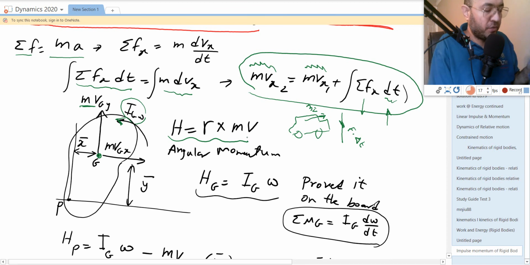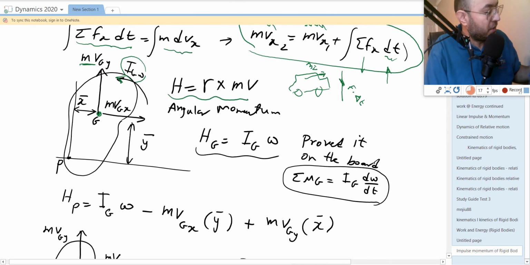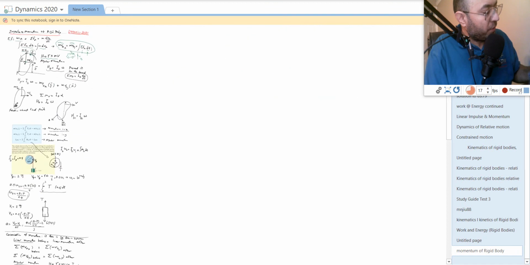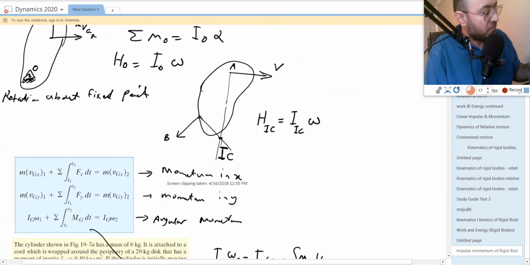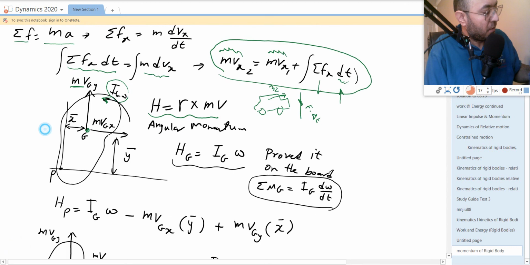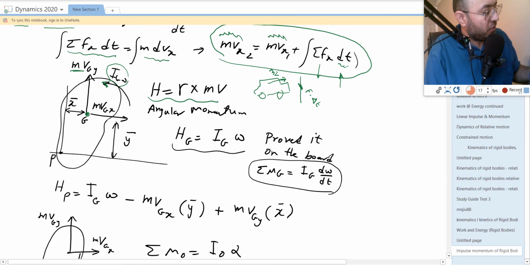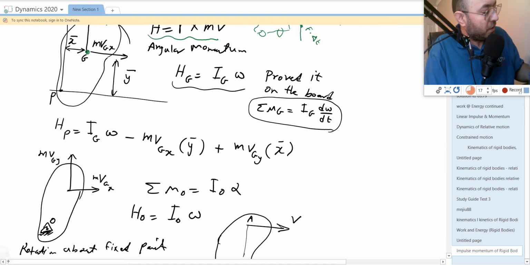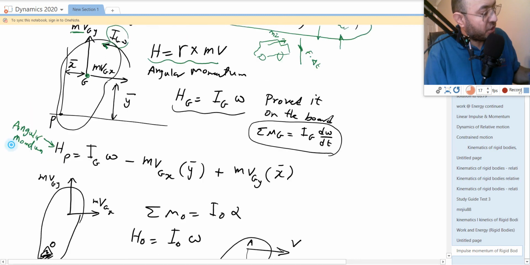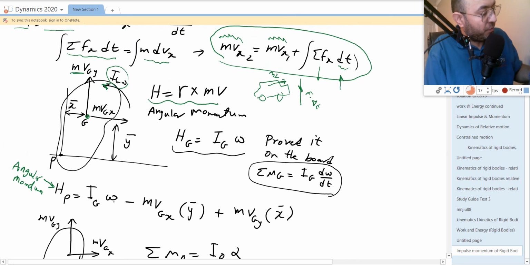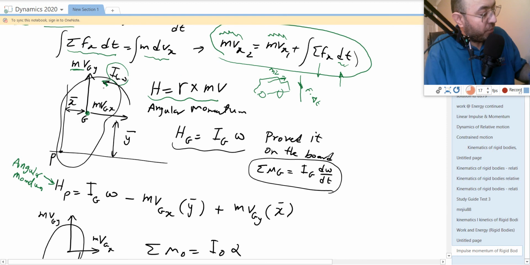If you have a point P here and you want to calculate the angular momentum about point P, remember H is a representation of angular momentum. We can say HP is equal to Ig omega.